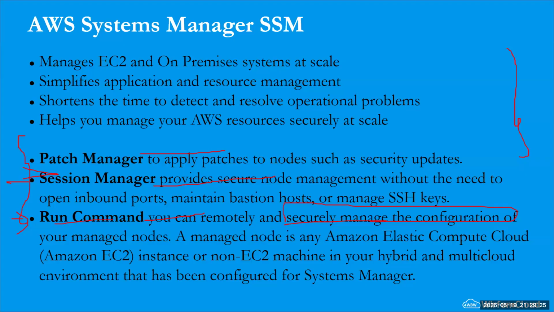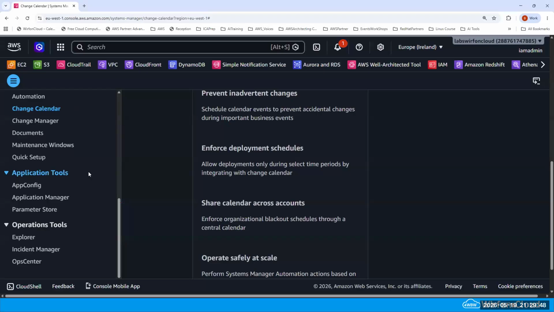A managed node is any Amazon Elastic Compute Cloud instance or non-EC2 machine in your hybrid and multi-cloud environment that has been configured for Systems Manager. So the first thing is, when you have an EC2 instance, you have to ensure that it's configured to use Systems Manager. And it's not something complex to do.